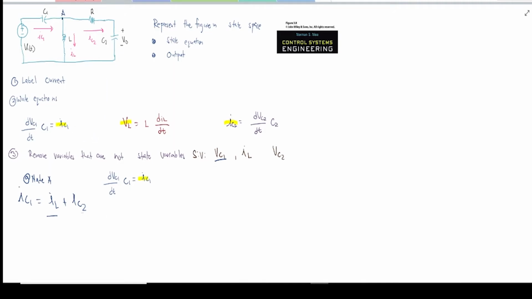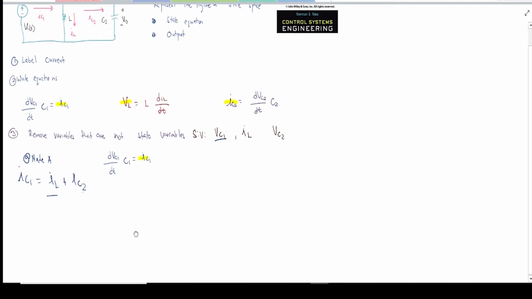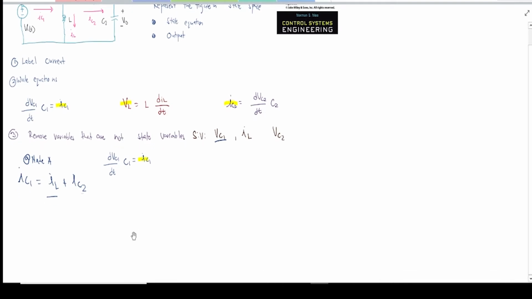Okay, so let's put this in action. If we make the loop, the answer would be this one. That's why I chose this loop, because as you can see, this one is a state variable and this one is a state variable, and we're concerned with the current in capacitor 2. So we have this one.